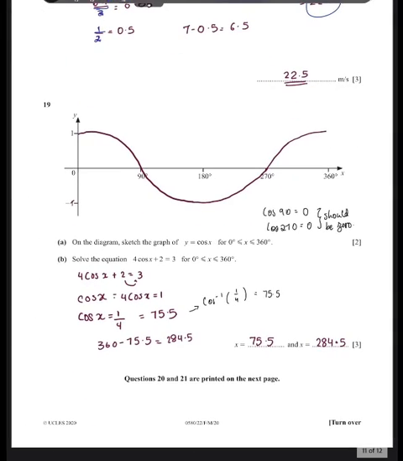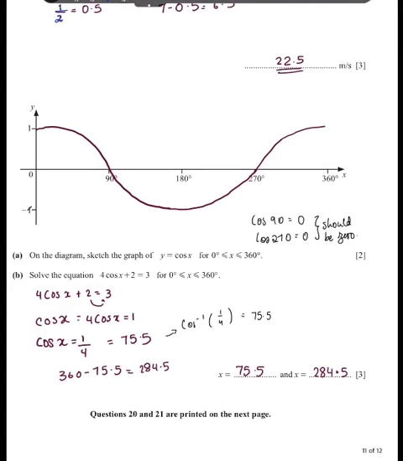Then on the diagram, sketch the graph of y equals cos x for 0 degrees to 360. So cos 90 is equal to 0 and cos 270 is equal to 0. If you do it in your calculator, cos 90, you will get a 0 value. If you do cos 270, you will get 0 value.